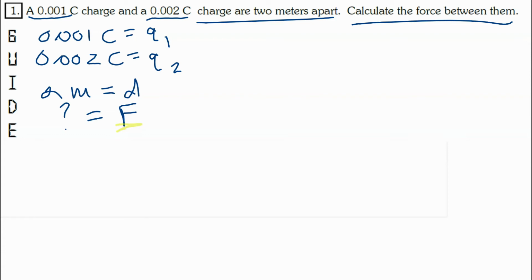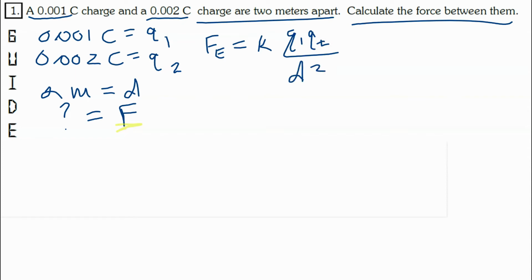The next step in the guide is to identify the formula and rearrange it into the variables that you need. Well, we have Coulomb's law here, and so the formula you're going to use, the electrical force, is Coulomb's constant, Q1 times Q2 divided by the distance squared.